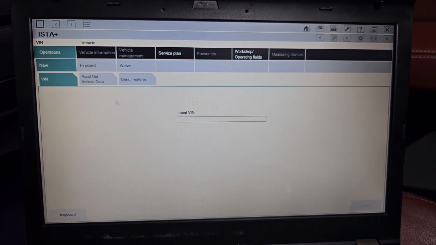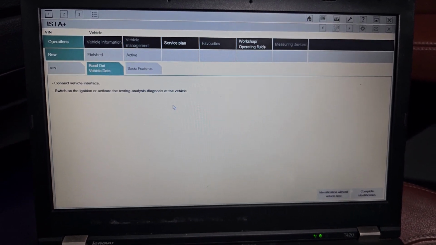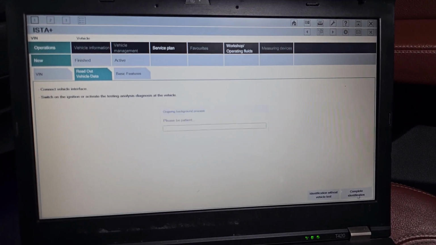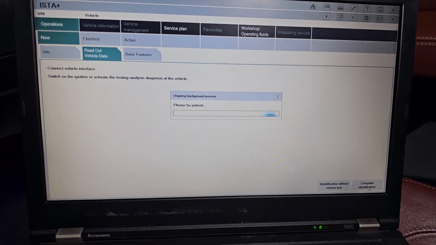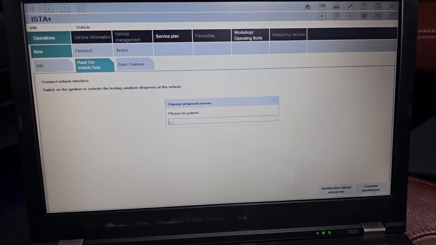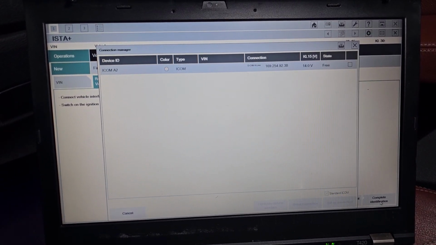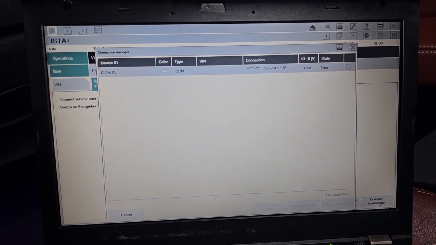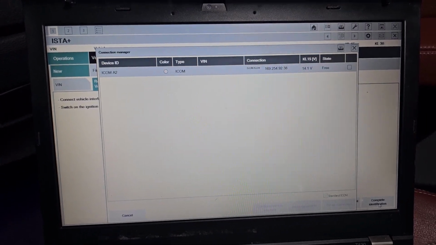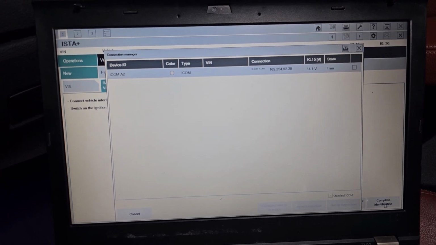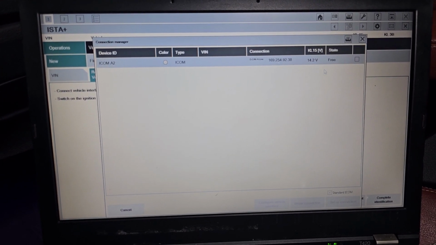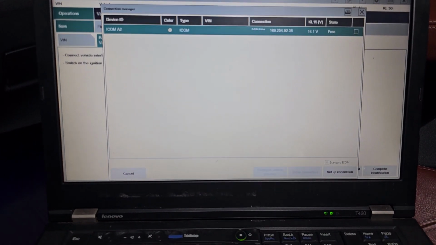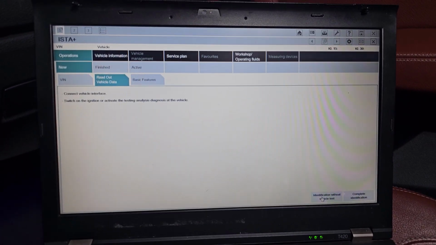I like this BMW software for one reason, because it can give you some good information regarding the related code for the car. So I am going to activate my ICOM and set up the connection.